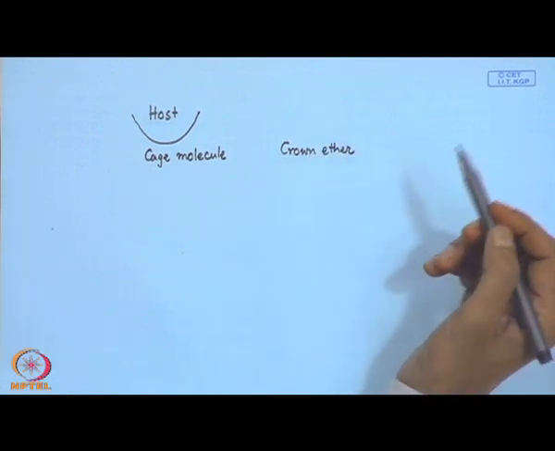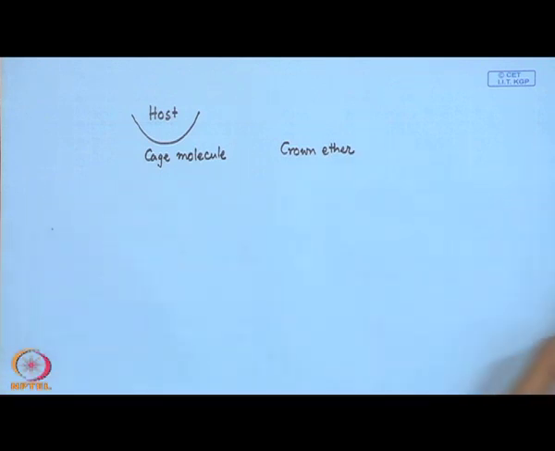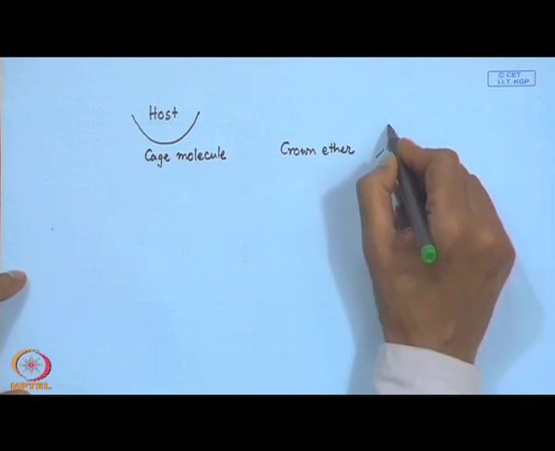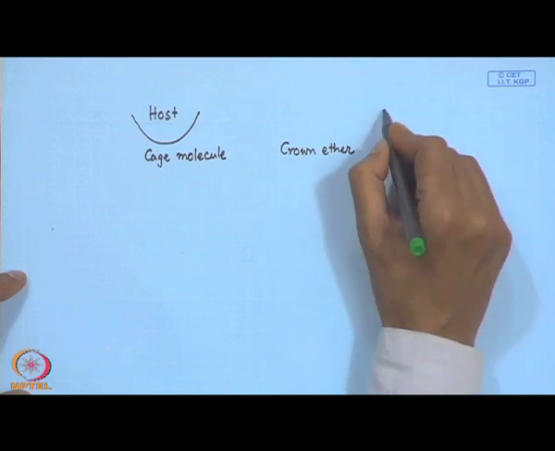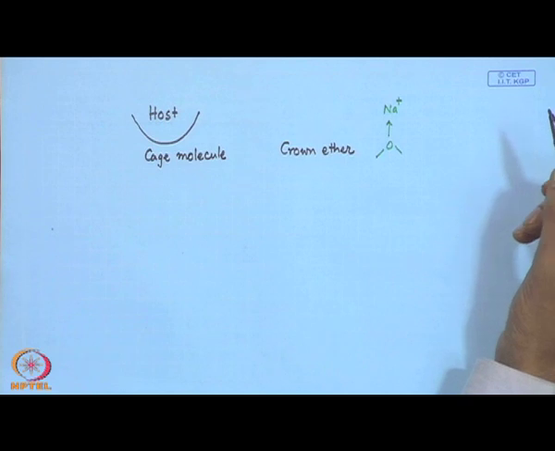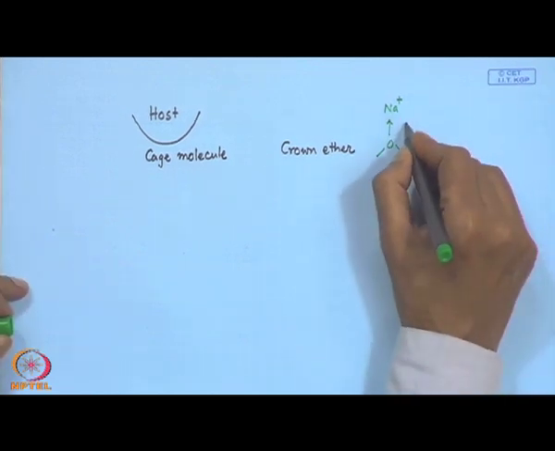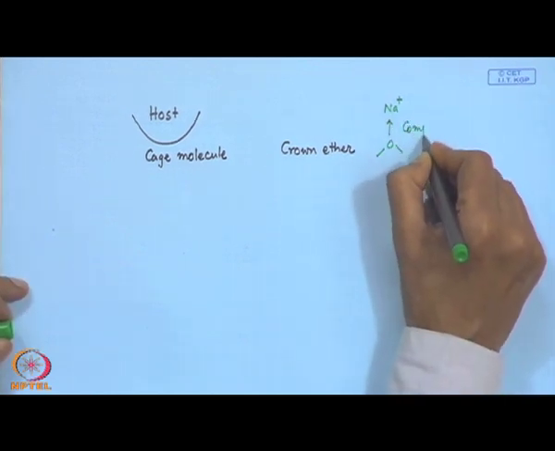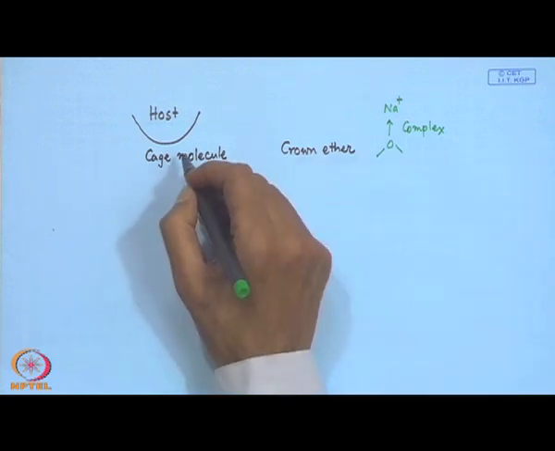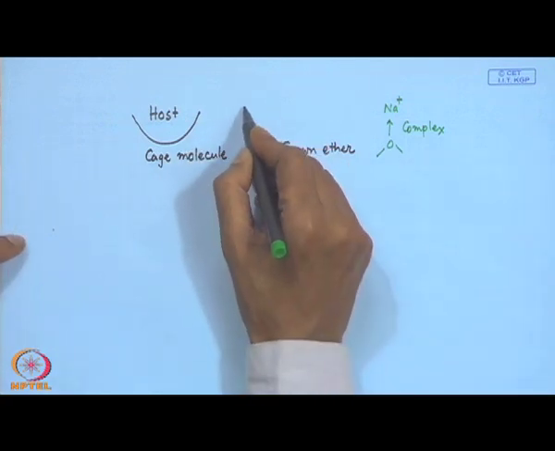In the case of crown ether we know that it has some donor groups, oxygen based donor groups, which can coordinate to a metal center like sodium, potassium, lithium, etc. So, in that particular case we can consider it as complex equilibria. So, complex formation can take place, but within the cage molecule when it is basically trapping.